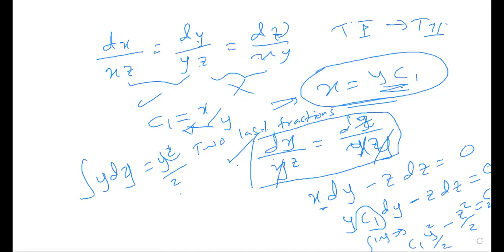So I have C1 y squared by 2 minus z squared by 2.